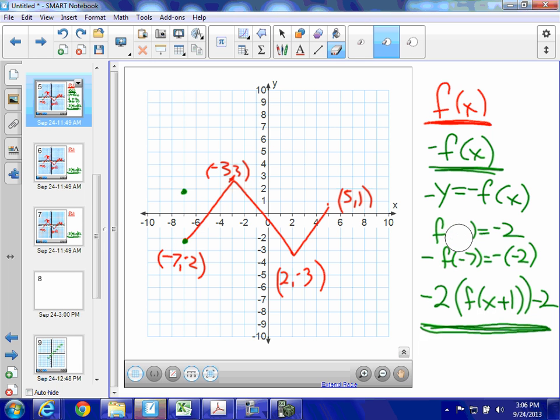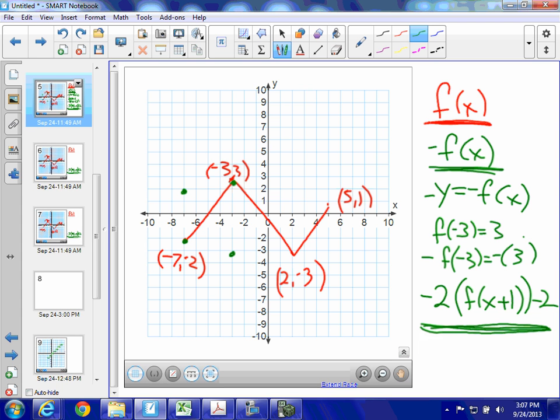Instead of f of negative 7, I want to look at this point right here. Well, f of negative 3 was equal to 3. So negative f of negative 3 is going to be equal to negative 3. So my point is going to go from there down to here.